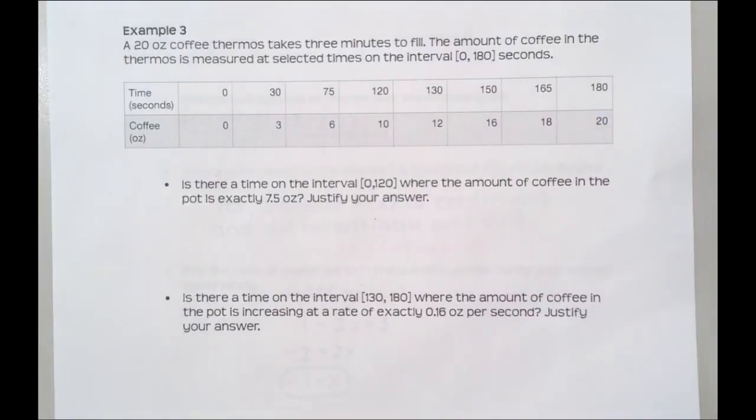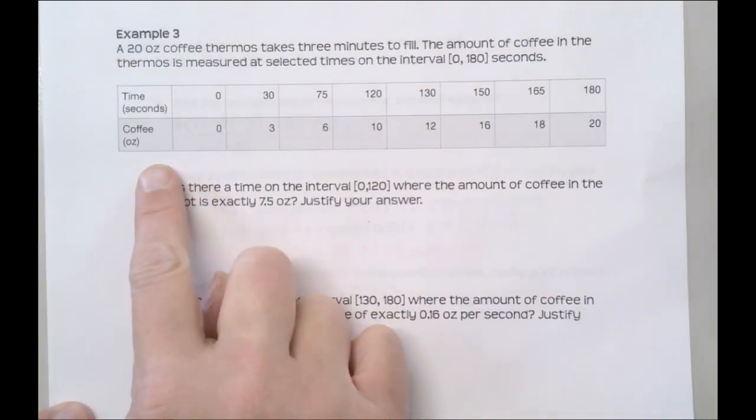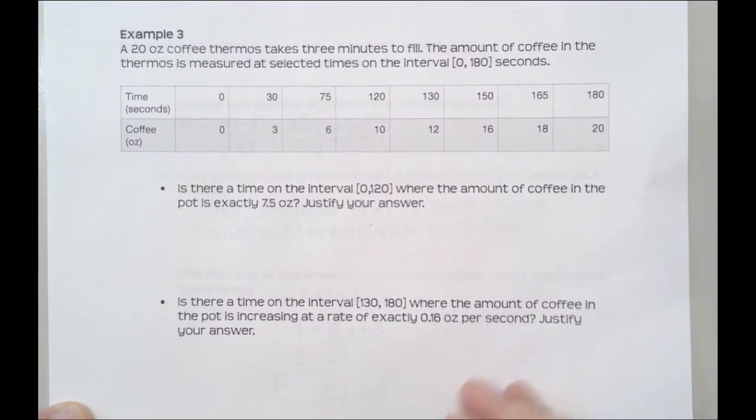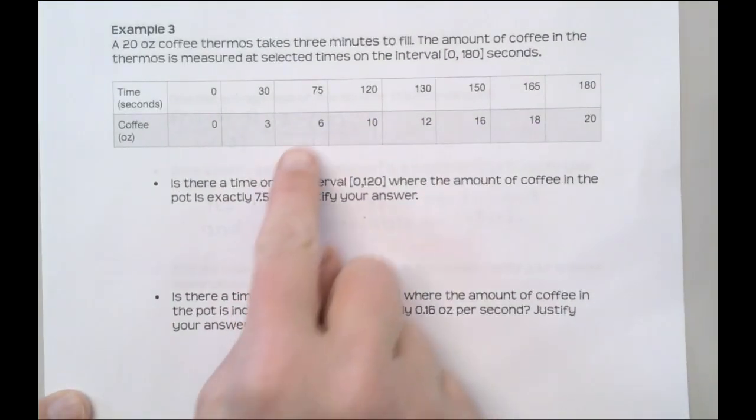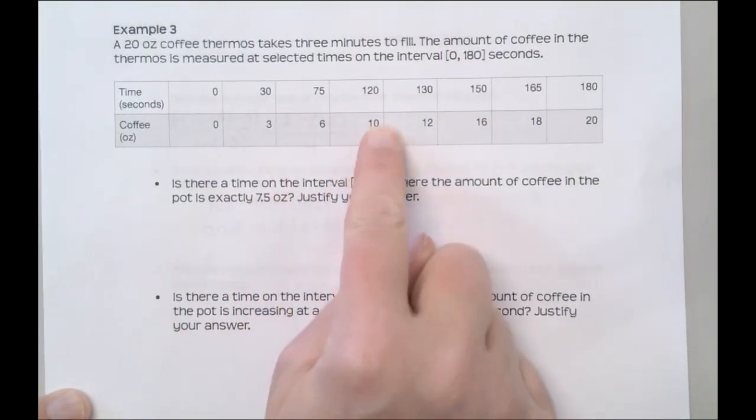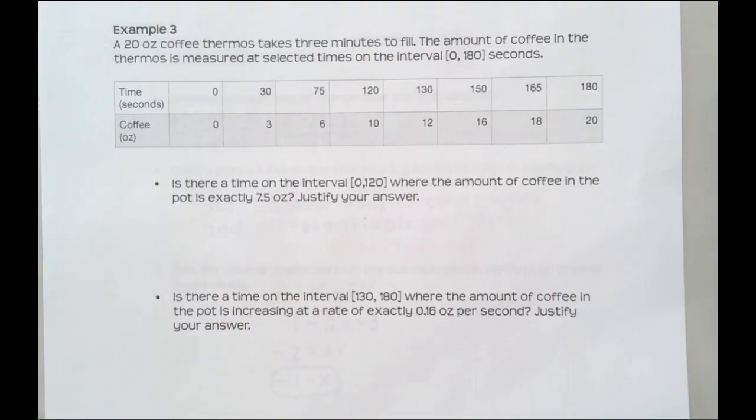What I should have said in the wording of this question is that this function is differentiable, okay? It should make sense to you that this function is continuous, right? Because you can't fill a coffee mug in a non-continuous way. You can't suddenly jump from 6 ounces to 10 ounces without covering everything in between. So it has to be continuous.